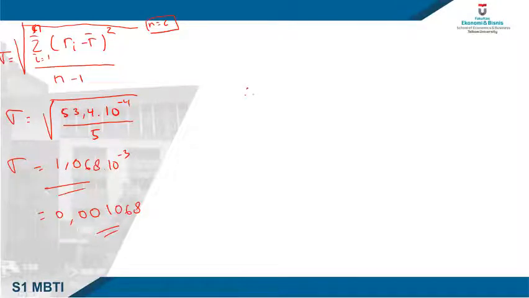So the average return for those months is 0.006, or how many percent is this? 0.6%, right?